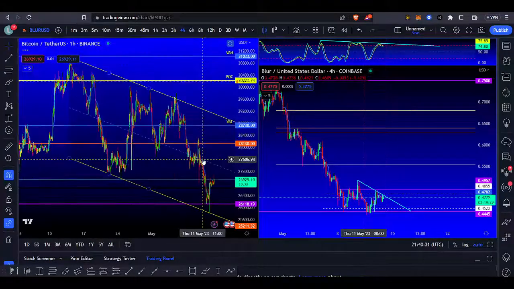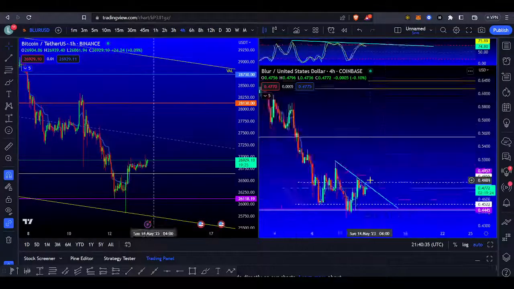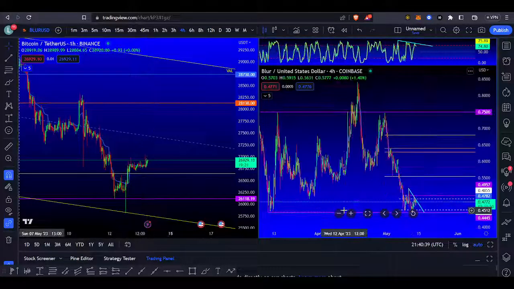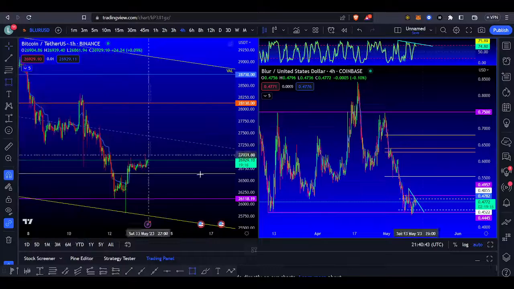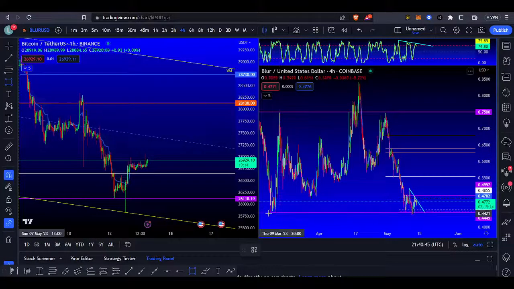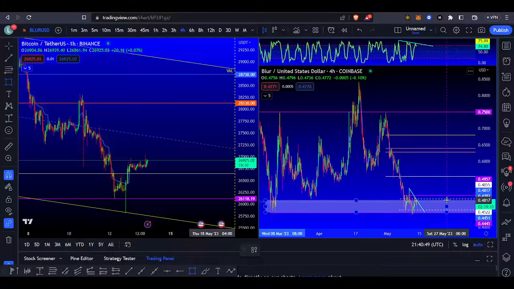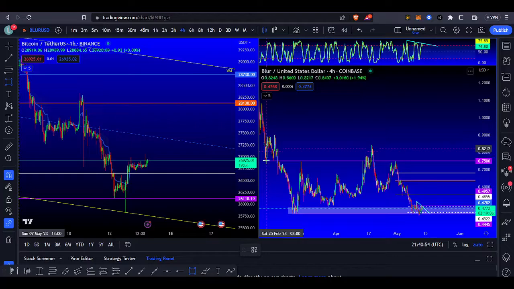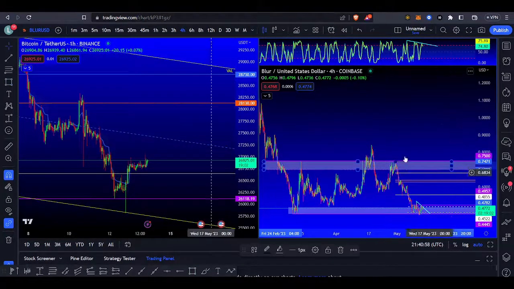Bitcoin looks more bullish than bearish at the moment, and I think you're better off longing than shorting, because in reality you are technically at support, right? Support is a zone, and if you really want to draw a box on the zone, I would say this entire area right here is basically support, and resistance pretty much this entire area up here, right?